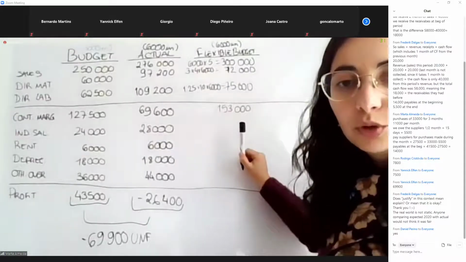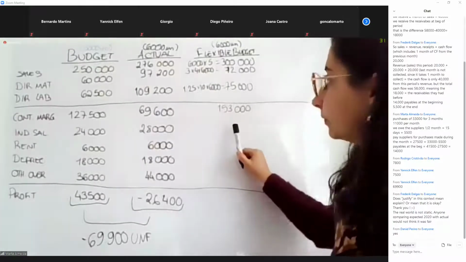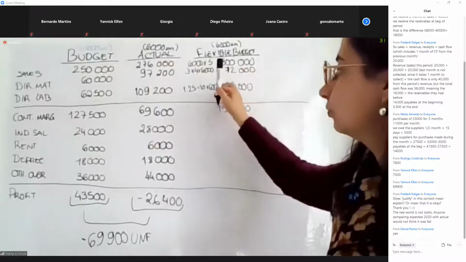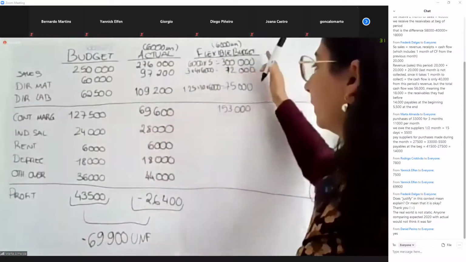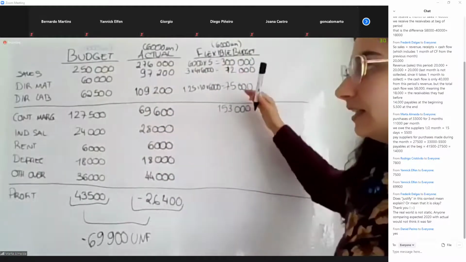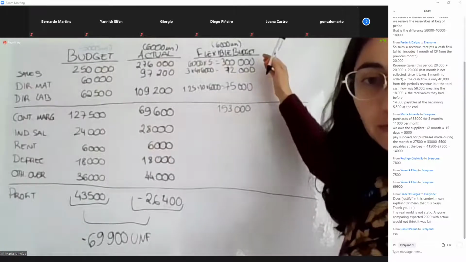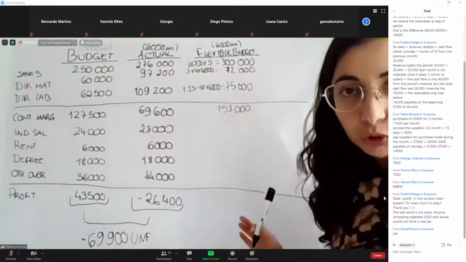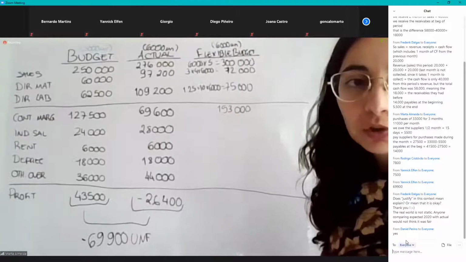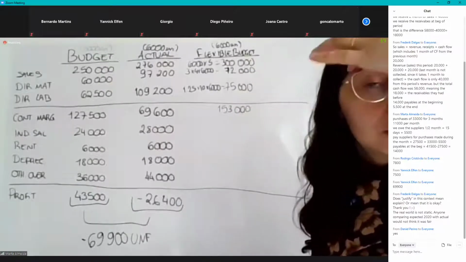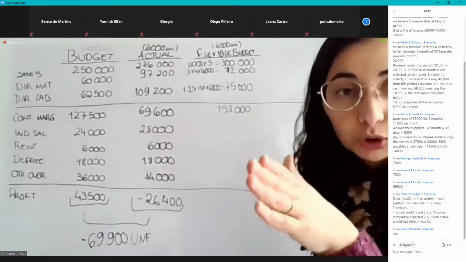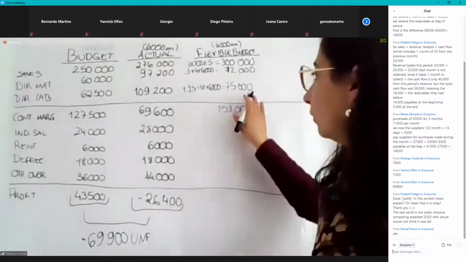This is all proportional to the level of activity. All of these, the variable costs and revenues, are proportional. In Portuguese, we can do it by regra três simples. We can use proportions to get the values.